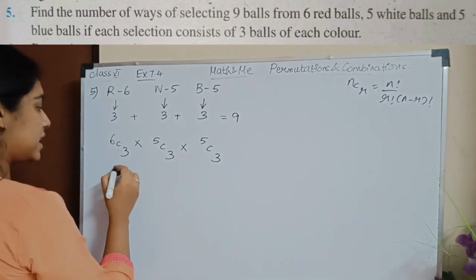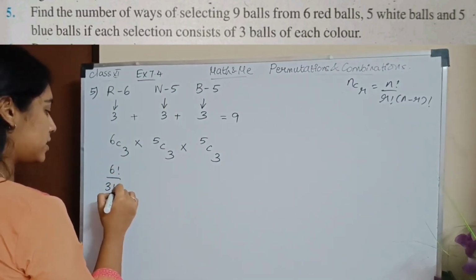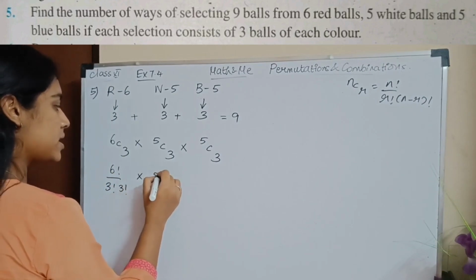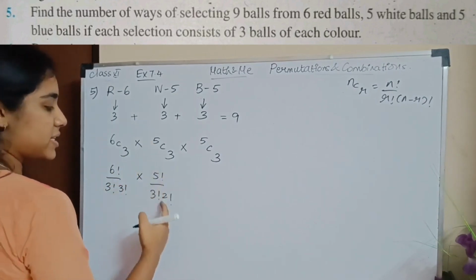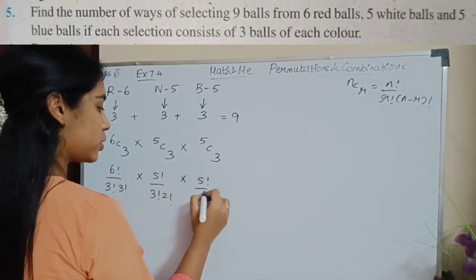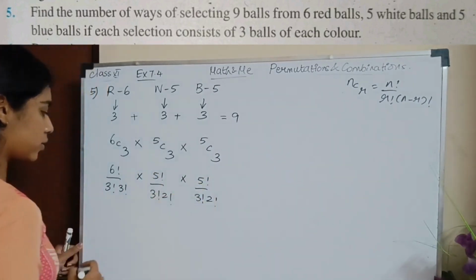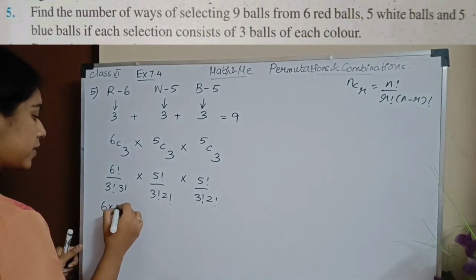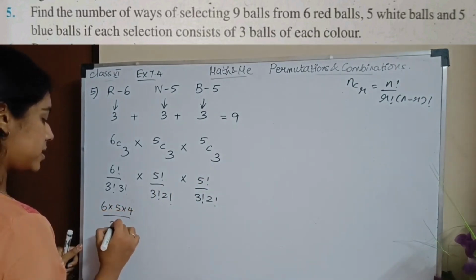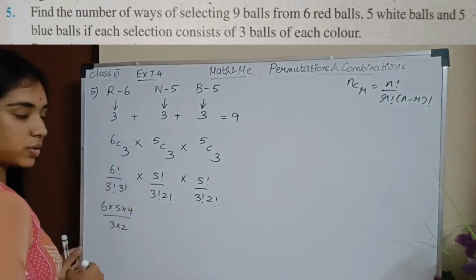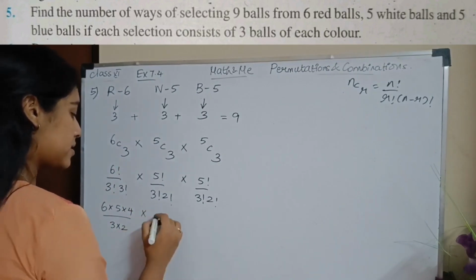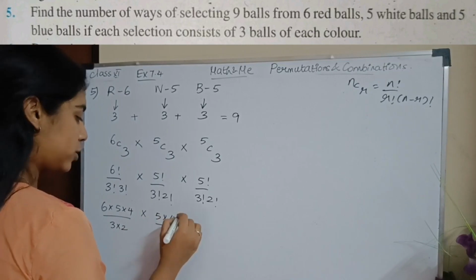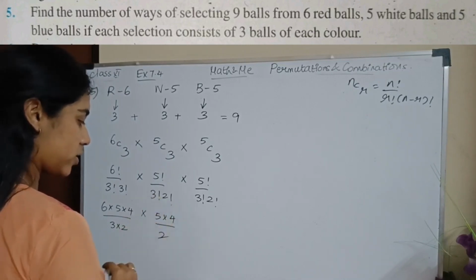So 6C3 is 6 factorial divided by 3 factorial, 3 factorial, times 5 factorial divided by 3 factorial, 2 factorial, where 5 minus 3 is 2. Again 5 factorial divided by 3 factorial, 2 factorial. So this will be 6 into 5 into 4 divided by 3 into 2. 5 factorial can also be written as 5 into 4 into 3 factorial, and 3 factorial cancels, leaving 2.